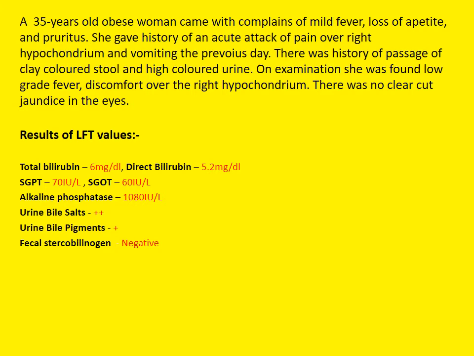if you look in the parameters, you can see that there are some increased values, almost alkaline phosphatase. It is very high, 1080 unit per liter, and in urine there is presence of bile salts and bile pigments, SGPT high, SGOT high.